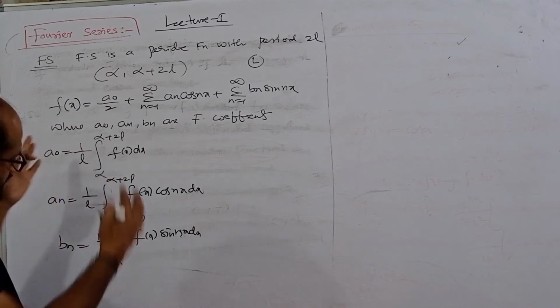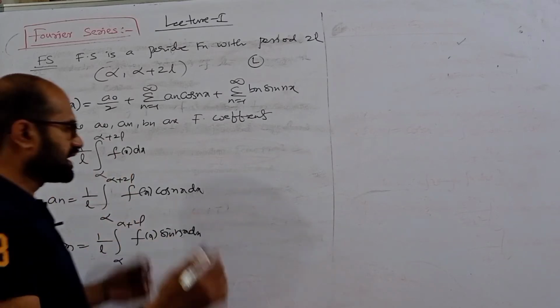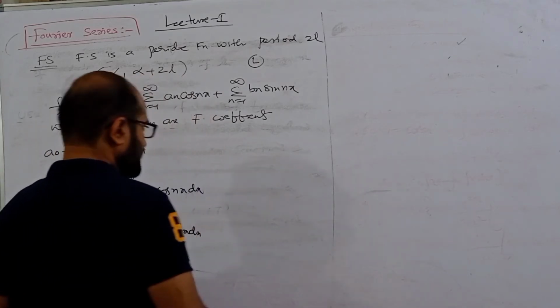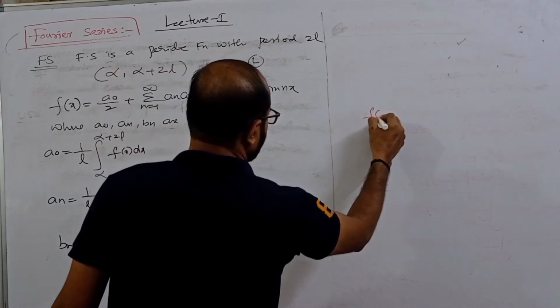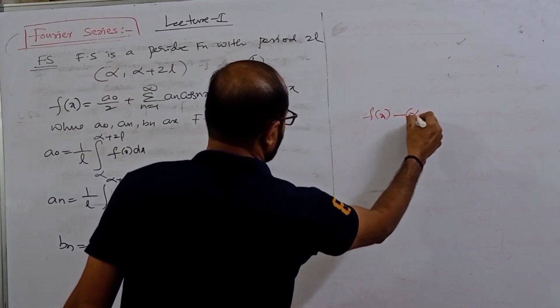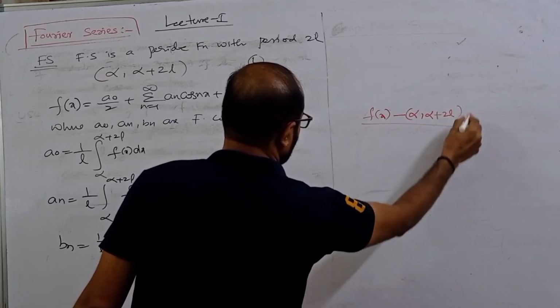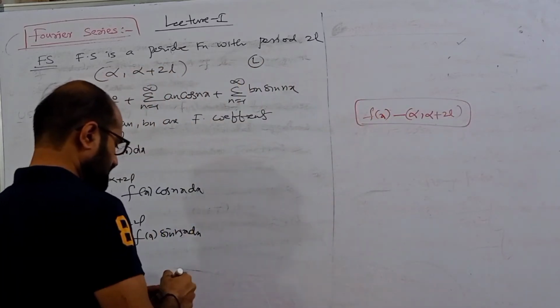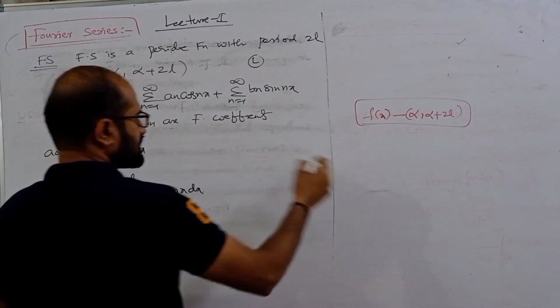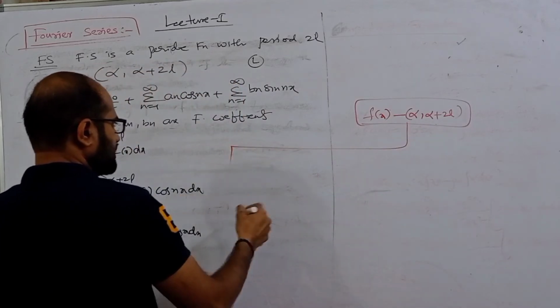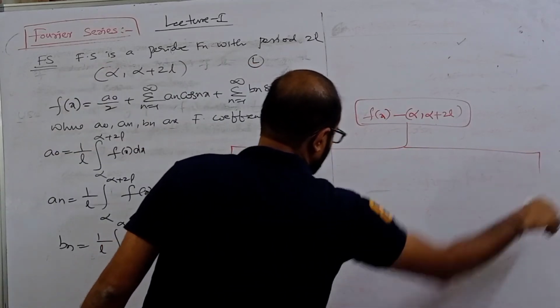Now I can express these values in different intervals. See, for example, let us suppose the Fourier series f of x where the general limits are alpha to alpha plus 2L. I can express this f of x in different intervals. So I am writing like this.